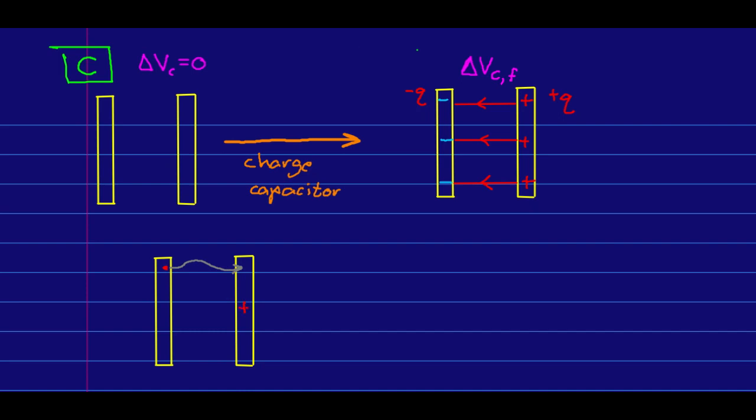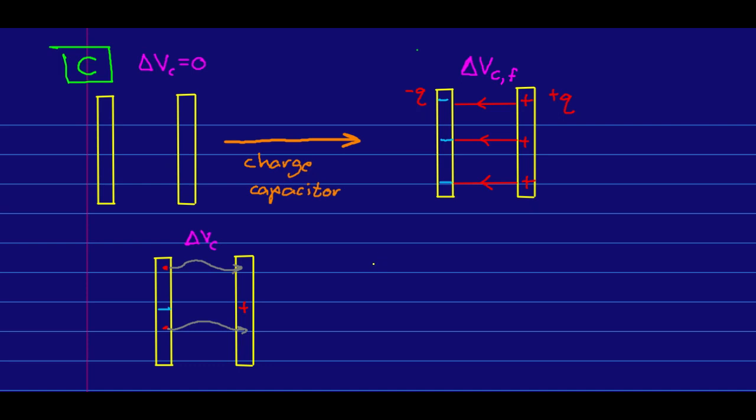However, now the plates are a little bit charged, and so there is now some potential difference here. And that means the next little bit of charge that you decide to carry across requires a larger amount of work done. And so what we need to do is set up an integral, since the amount of work done on each bit of charge that's carried over is different.